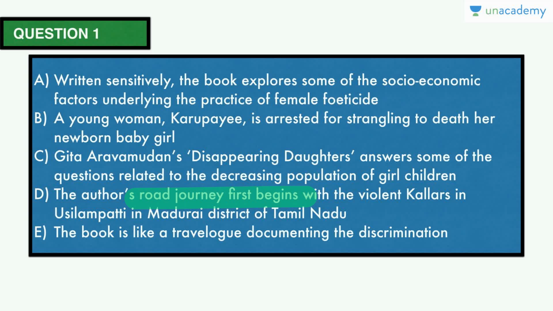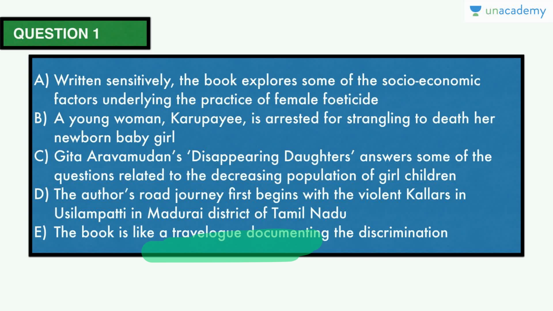That is why we started off with E and then moved on to D rather than going from D to E, because this is what caught my eye, that the book is like a travelogue. That is how I got to know that after C, E will come. Okay, so now we have the sequence CED.